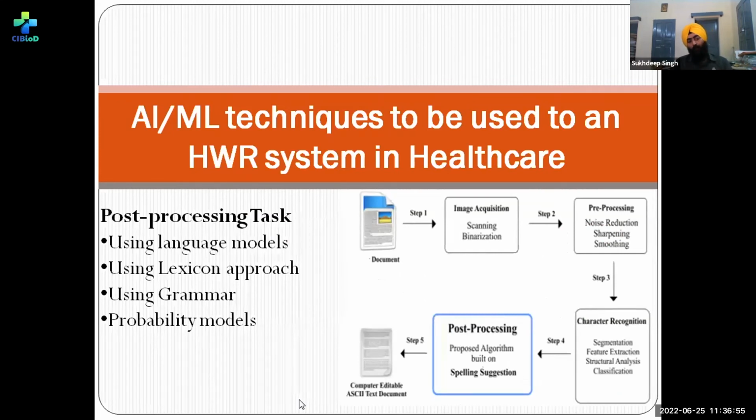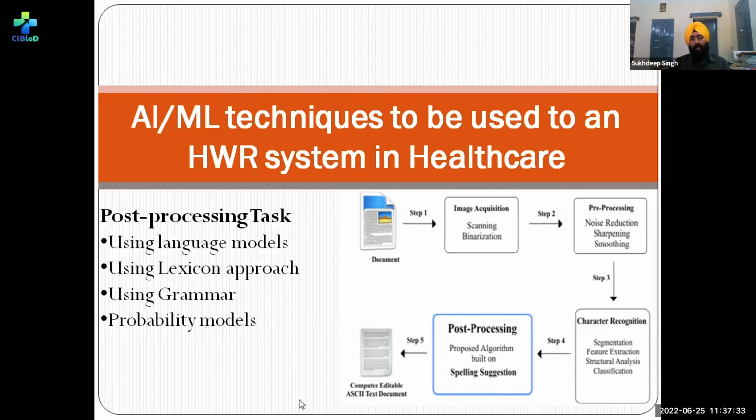Once we have performed all the previous steps, the next step is post-processing. Post-processing means our recognizer has identified certain words from the handwritten trajectory, and there is a possibility that these words are not part of any domain. So this can be further corrected using a post-processing task.